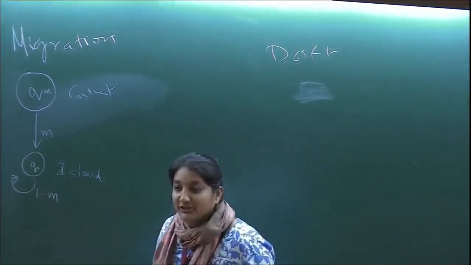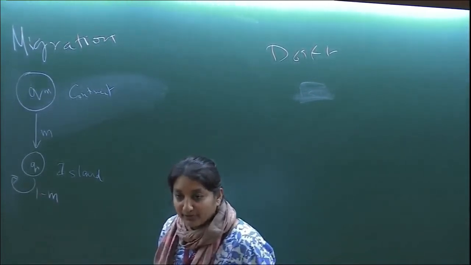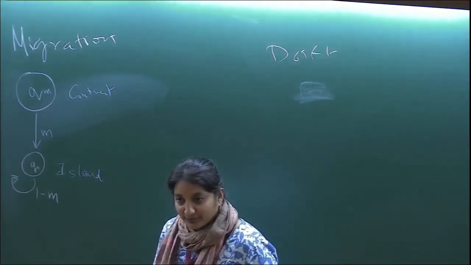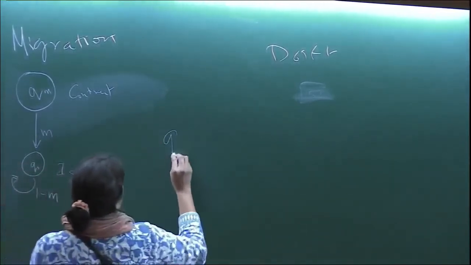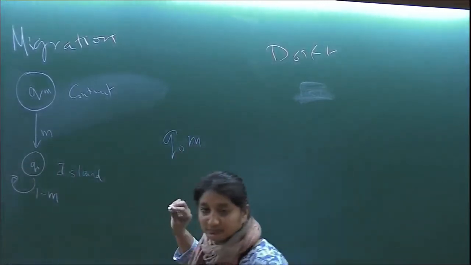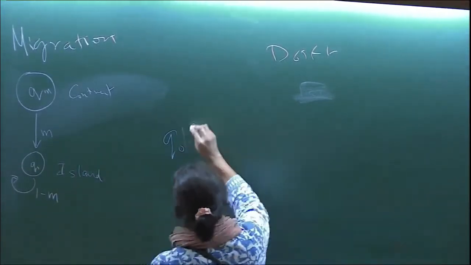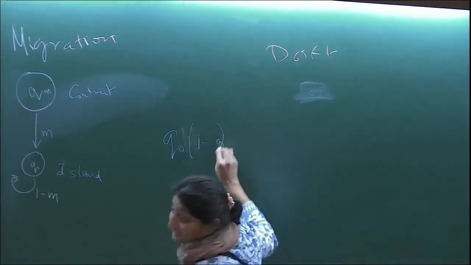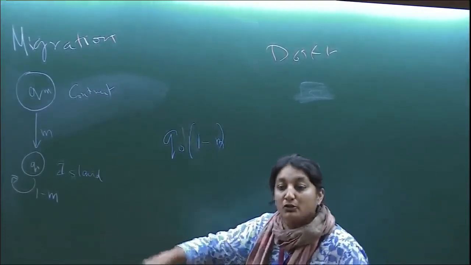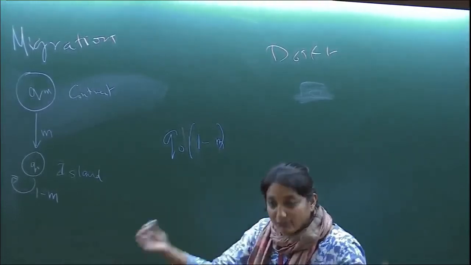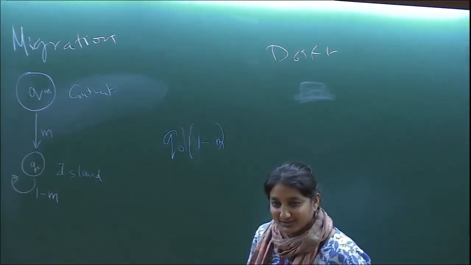All the Q alleles on the island are coming either from the natives or from the migrants. So what is the allele frequency of the natives? Q0 into 1 minus M, correct? Q0 is the allele frequency of the 1 minus M individuals, right?